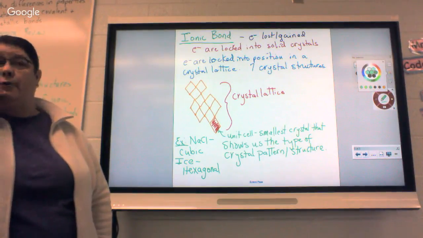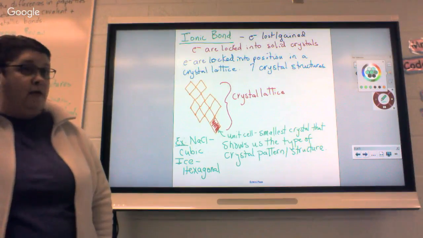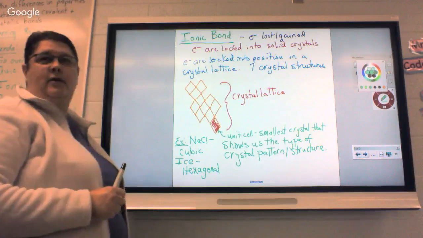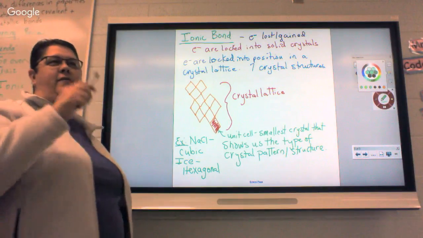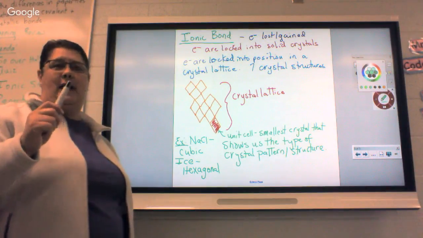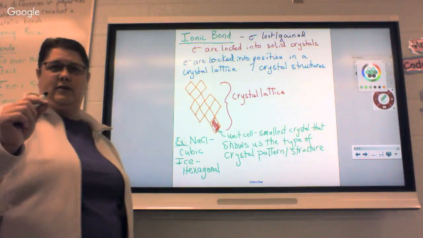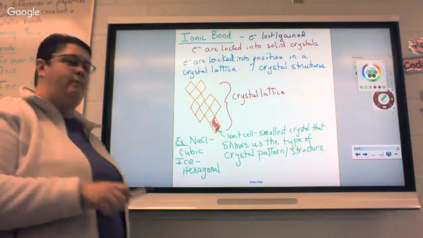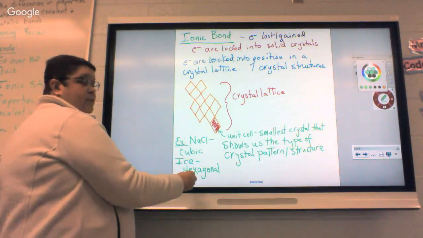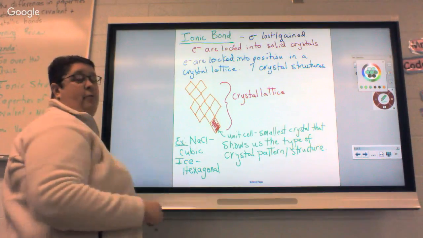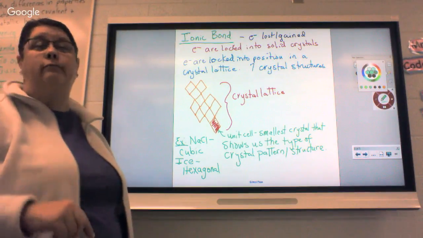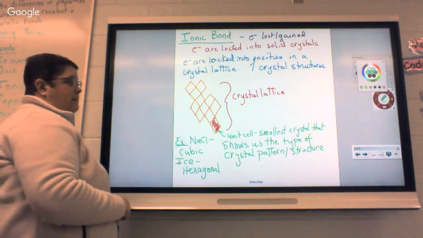They're all going to be hexagonal. Snowflakes are different, with different patterns, but if you could break them down into the individual unit cells, all of the unit cells would be hexagonal, because all snowflakes are made of ice or water.